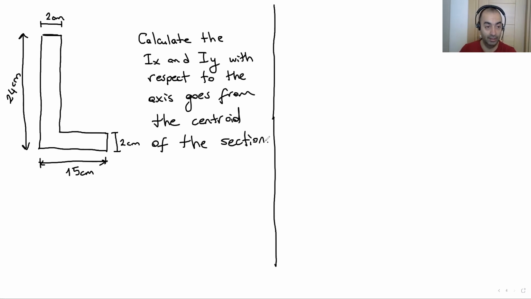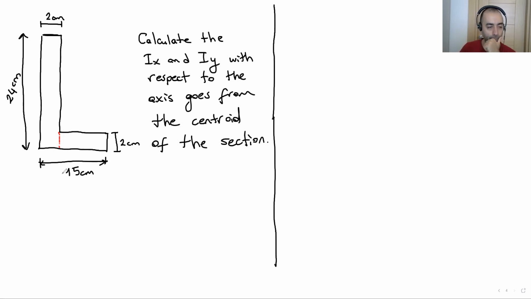So let's do it together. Let me divide the system. We can divide like this or like this. I don't have the solution at the moment. We will solve it together. Let's do it like this.